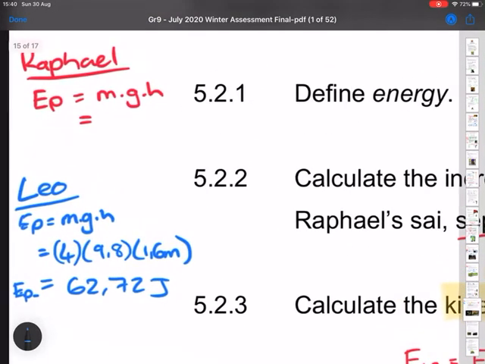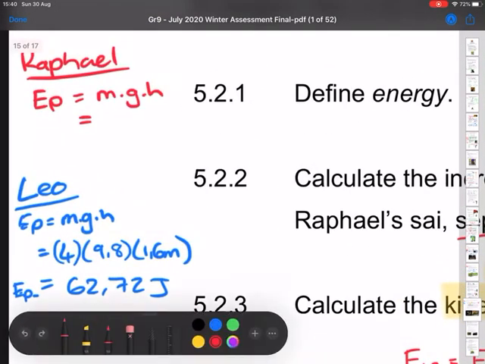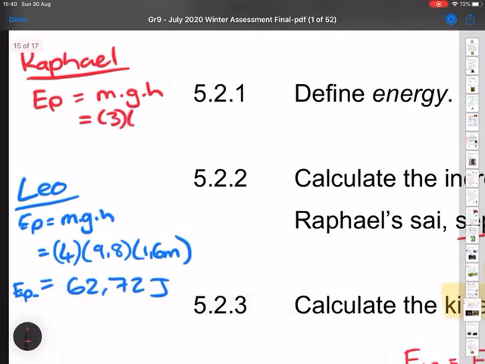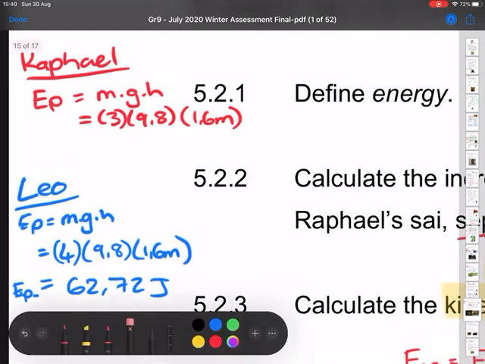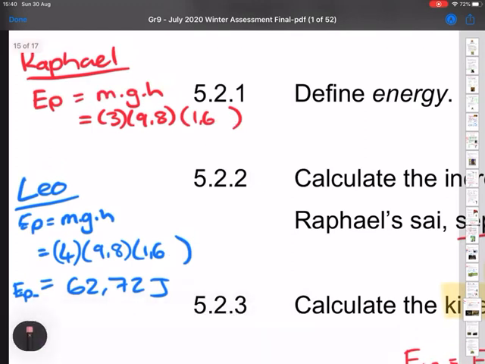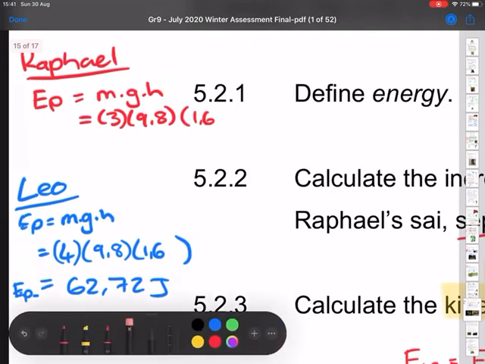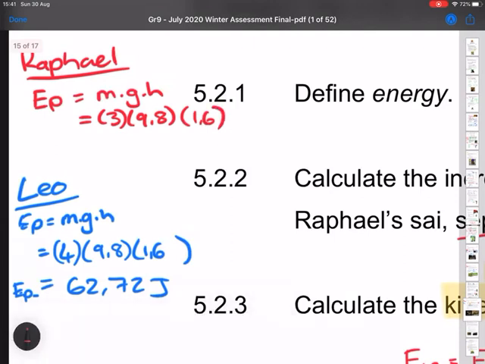So mass times gravity times height. The mass of Raphael's weapon was 3. Gravity on Earth is always 9.8 meters per second squared. Chest height is still 1.6 meters. You don't need to actually write that meter, you can if you want to though. Okay, and that would give us 47.04 joules of potential energy.